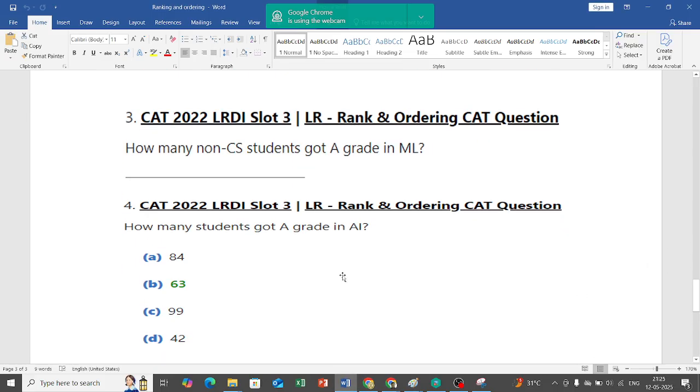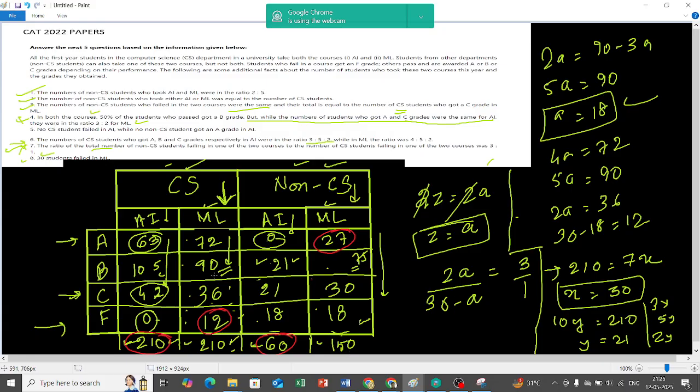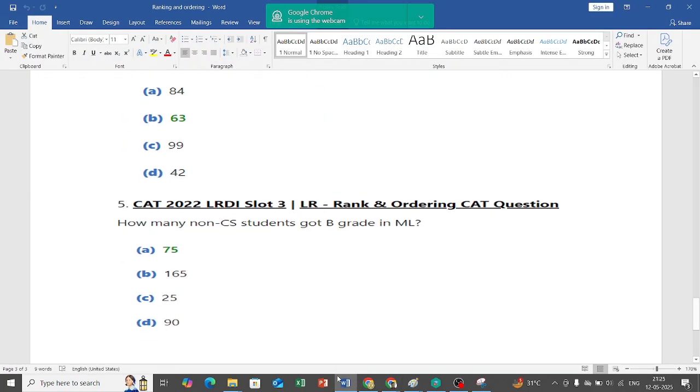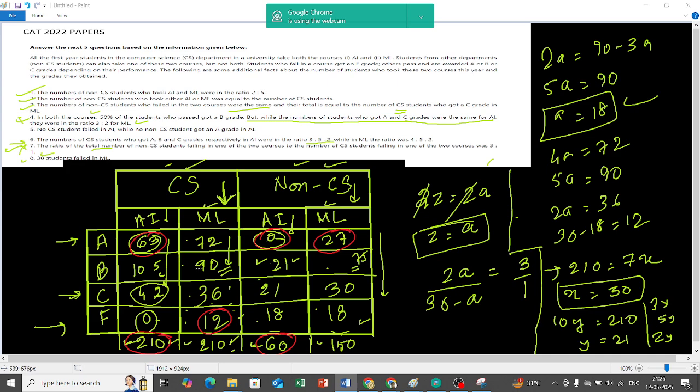How many students got A grade in AI? Total students, 63. Right? How many non-CS students got B grade in ML? 75. You understood?